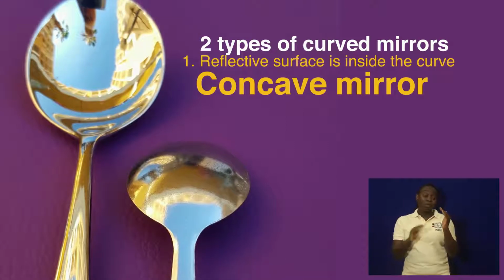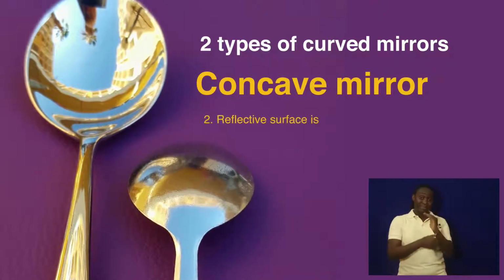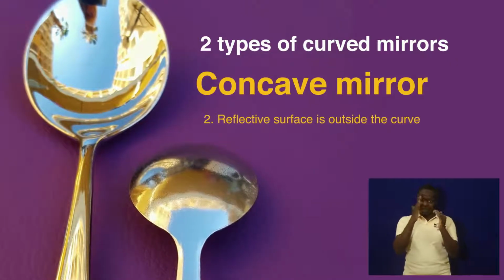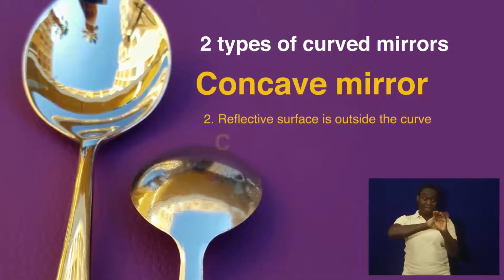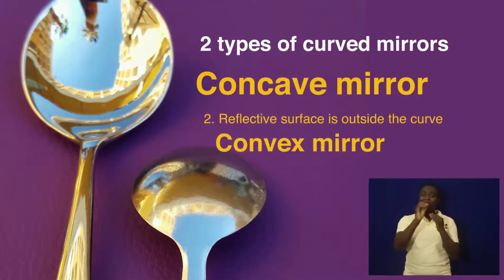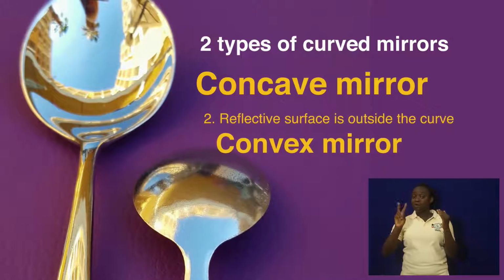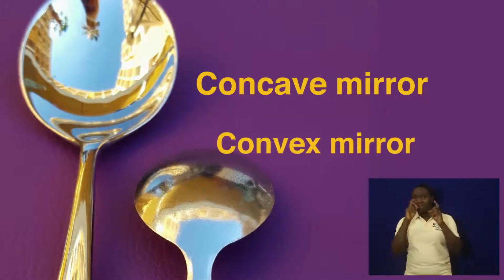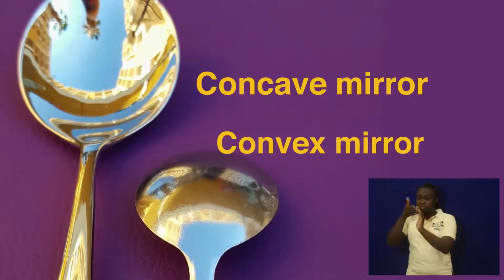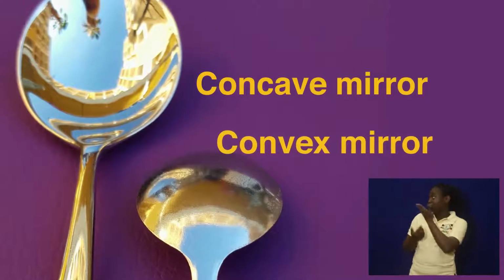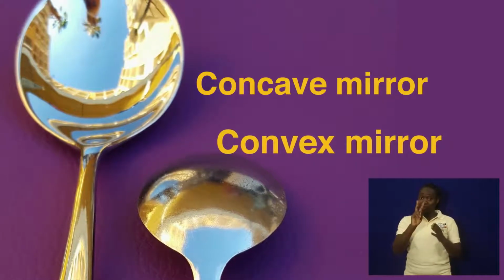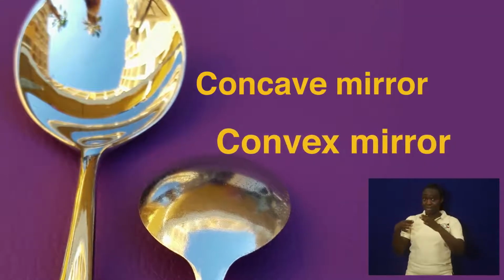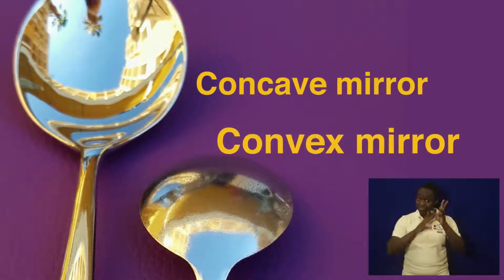The one where the reflecting surface is outside the curve is the convex mirror. You can look at the images of concave and convex mirror on the screen. These are the two types of curved mirrors, my dear learners.